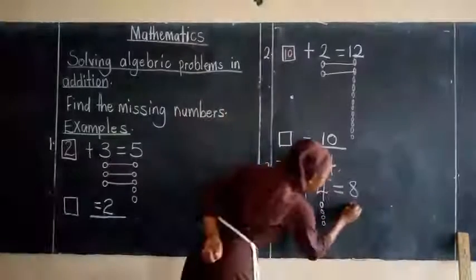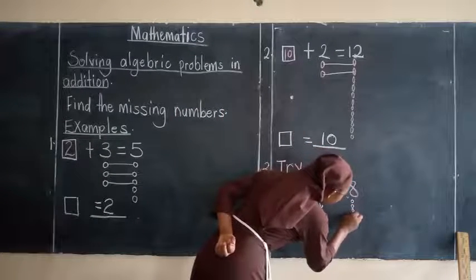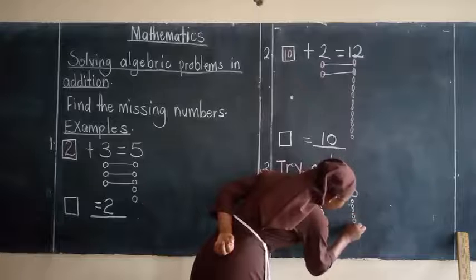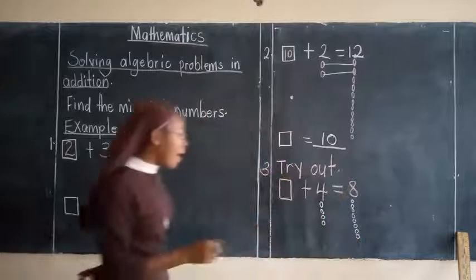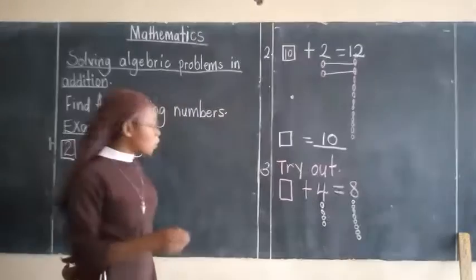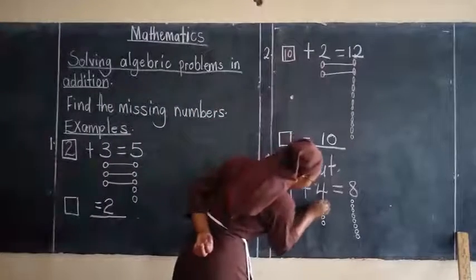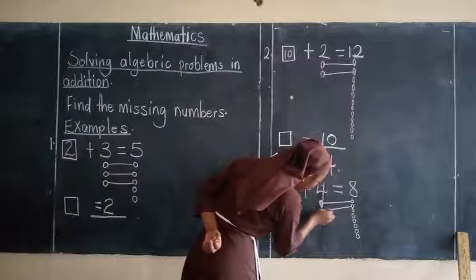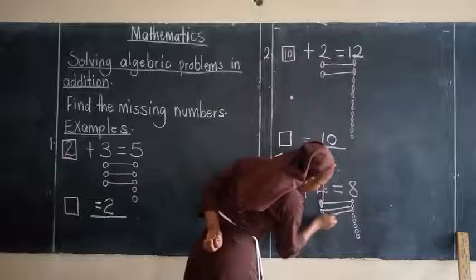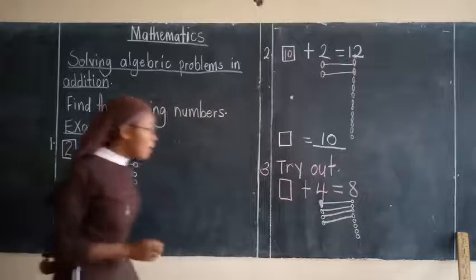After drawing them, we match, and that will be our subtraction. 1, 2, 3, 4, 5, 6, 7, 8. Those are 8. We are going to match these 8 counters: 1, 2, 3, 4.